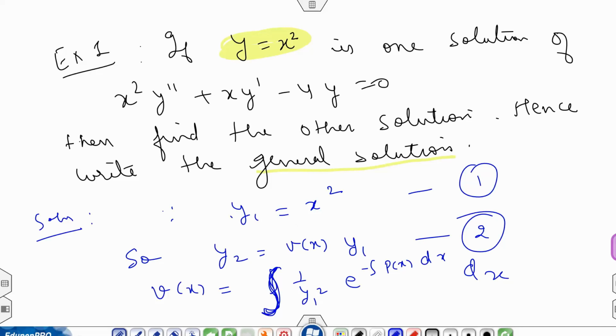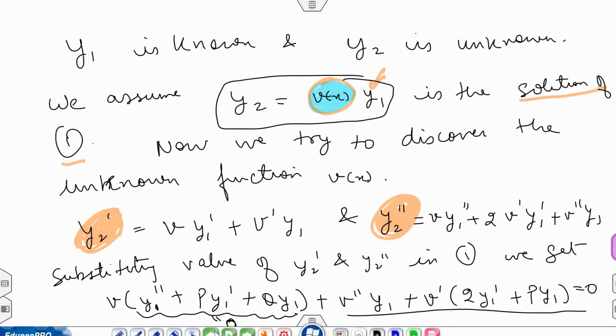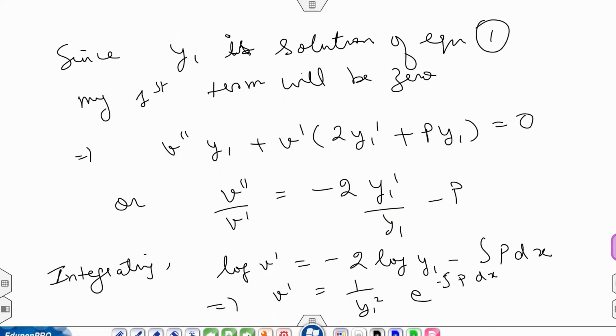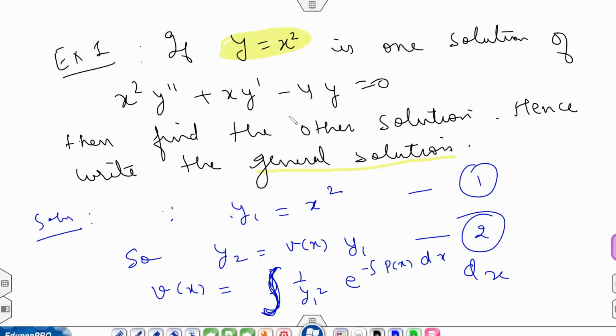So let us see what will be my v x. For my proof, I have considered my equation in this form, right? So here the coefficient of y double dash is 1. Just notice this. We have to make our equation in the same way. That is, we will rearrange our differential equation into the form from which we gave the proof.